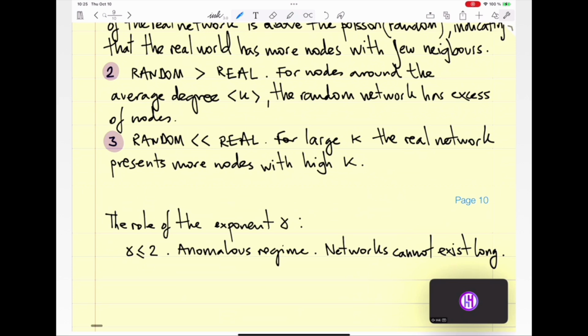This explains this process. If gamma is between 2 and 3, networks grow. This is the scale-free regime. So networks grow healthy, they can exist, they can grow.